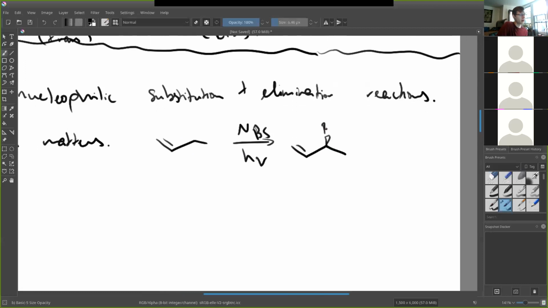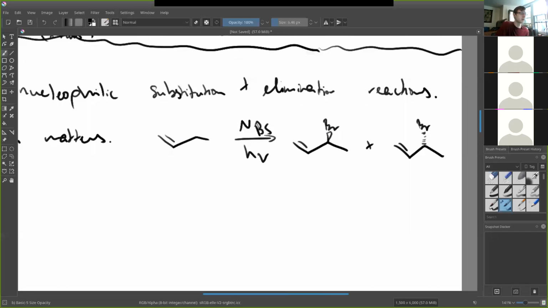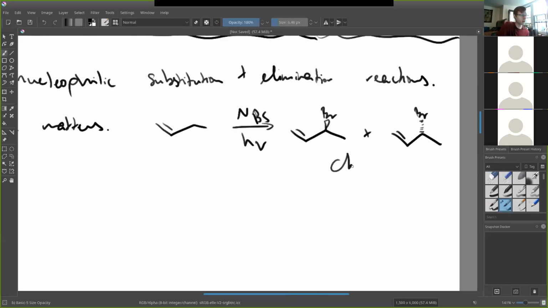Now this is chiral, right? We brominate in the allylic position, but we get 2 of these things. So these are both chiral, but the whole reaction mixture you get out is racemic, because we have a 50-50 mix of this one and this other one.